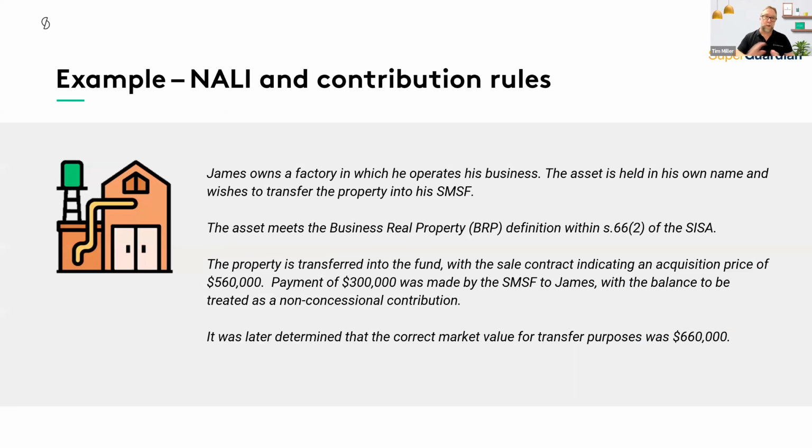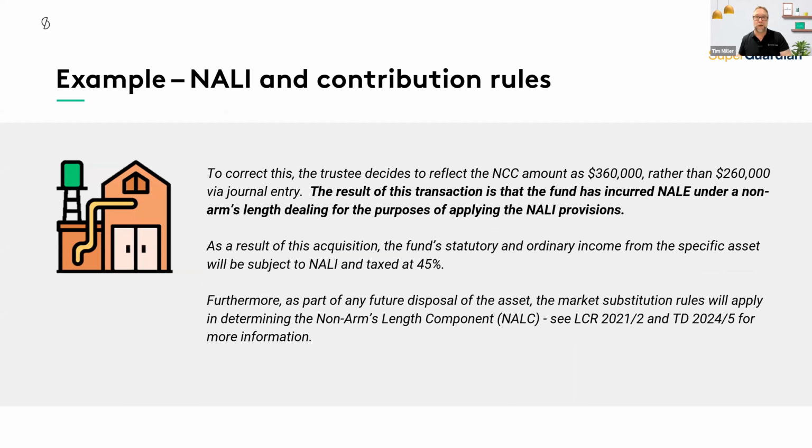I won't go through James's example here, but this is a situation where the transfer is done, the price is agreed upon, but it's later determined that the market valuation was incorrect. In that situation, the difference is going to be treated as a non-concessional contribution to make that up. Again, what we're seeing from the ATO here, to me, doesn't necessarily reflect what we actually see in action within the industry itself.